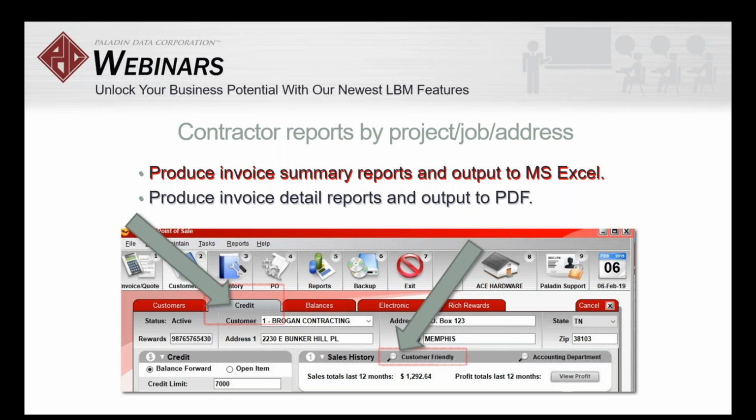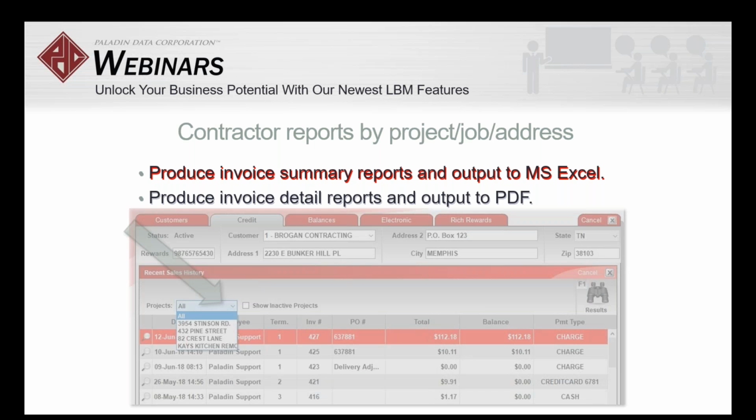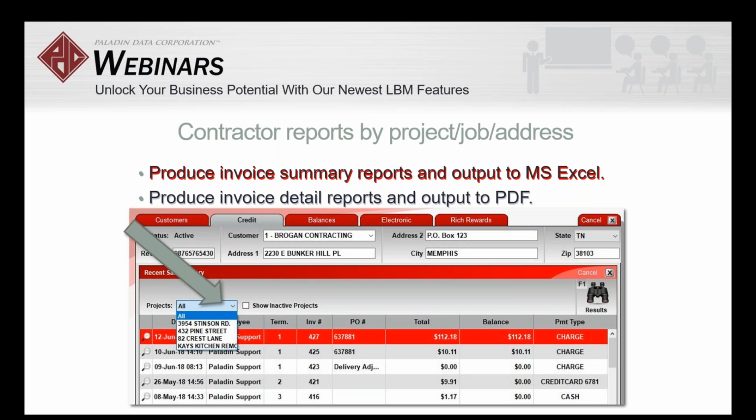Yes, you can. So to get the job report, if your contractor comes in and says, hey, I need a list of all the invoices for this particular job, you just go right into the customer module and bring up the customer. Go into the credit tab, click on customer friendly for recalling quotes, and it asks you what project you would like.